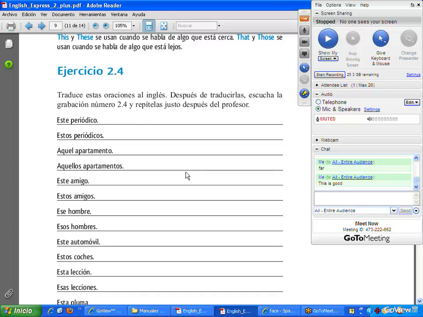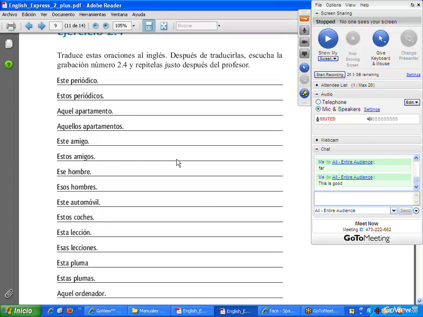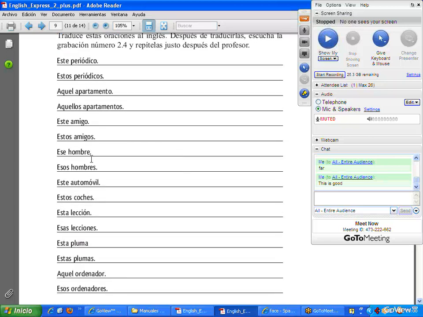Estos coches. Did I say those? I mean, let's have a look. Estos. These cars. Okay, so you do the rest of these. Look at them again, learn them. They're very easy.